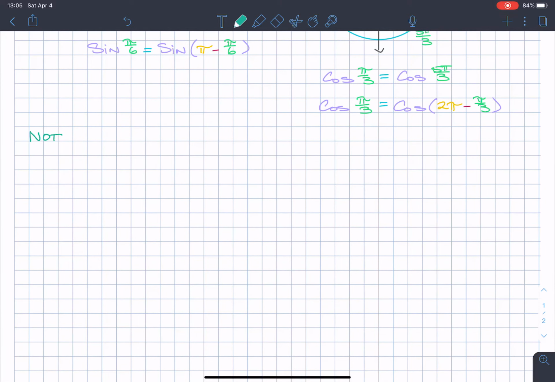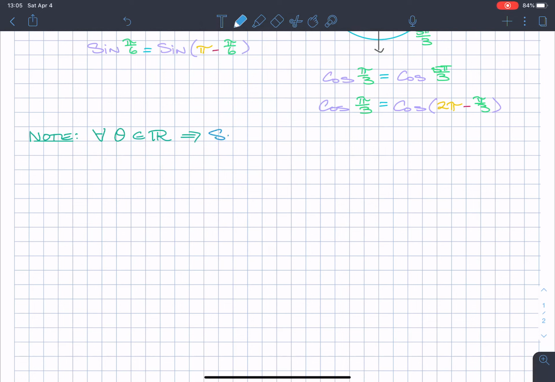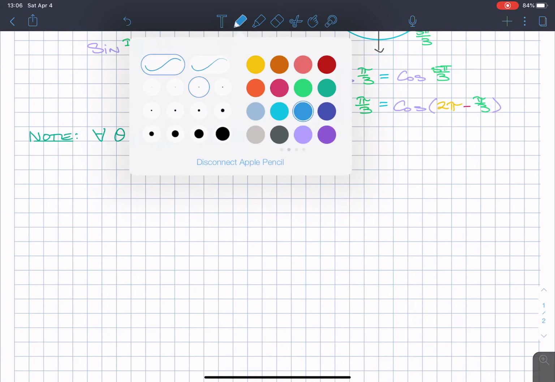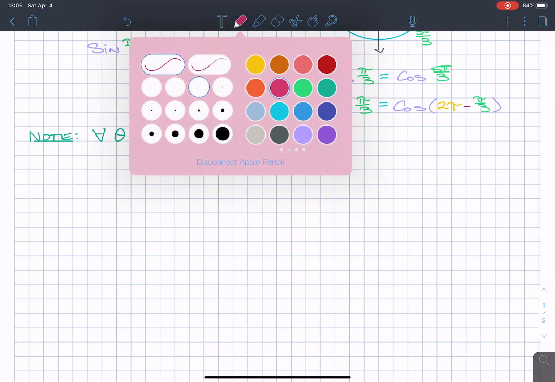So note. For all theta in R, we have that sine of theta is the same as sine of pi minus theta.